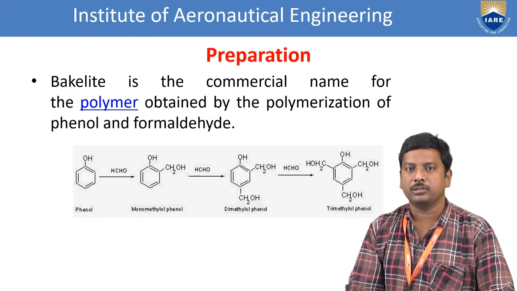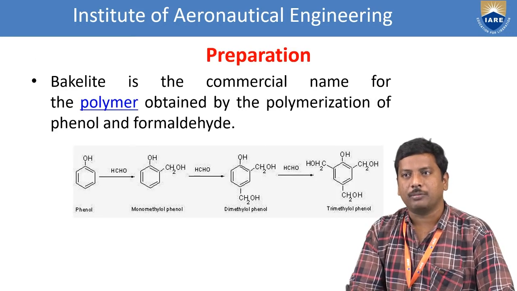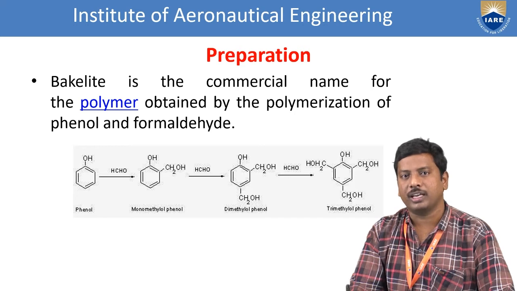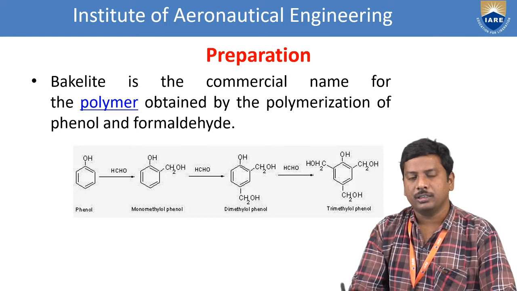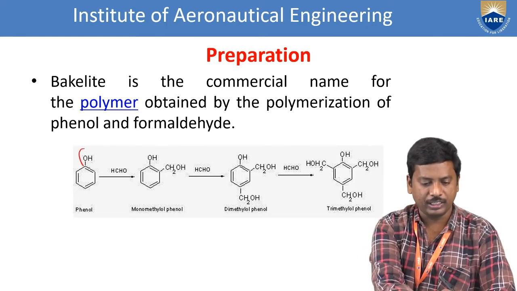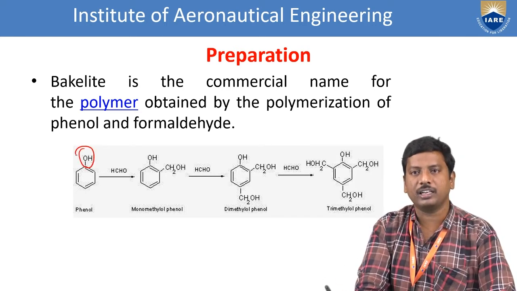Bakelite is one of the commercial names for phenol formaldehyde resins. It is generally called phenol formaldehyde resin because the reactants are phenol and formaldehyde. I think all of you know about phenol: a benzene ring containing an OH group is a phenol.